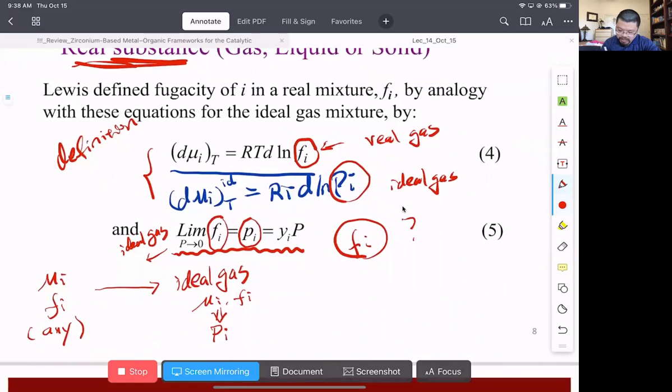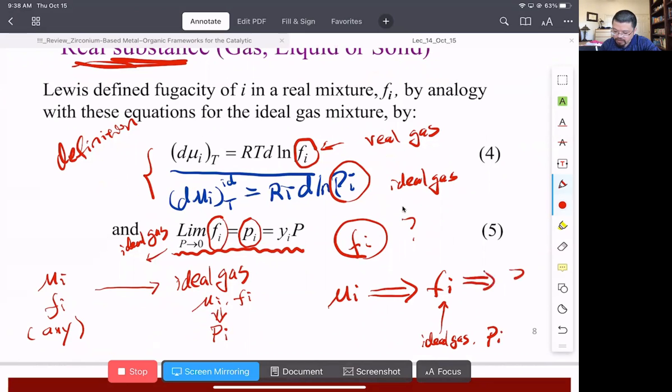So we are moving from chemical potential to the fugacity, and the fugacity is defined with the help of the ideal gas partial pressure. And of course, now we need to figure out how to calculate this fugacity.